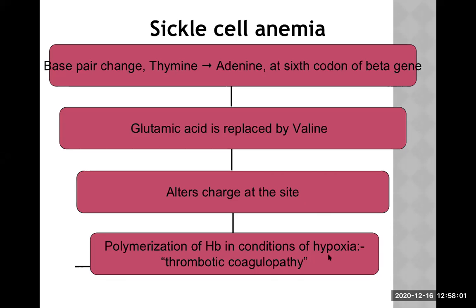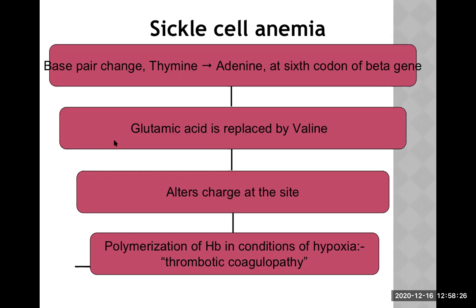This is known as polymerization. Now they will block the very small circulation. The smallest circulation in our body is called the capillaries. So they will block those capillaries, resulting in hypoxia and thrombus formation. This is also known as thrombotic coagulopathy. This is the main mechanism in sickle cell anemia.